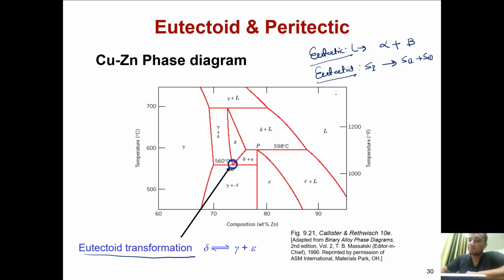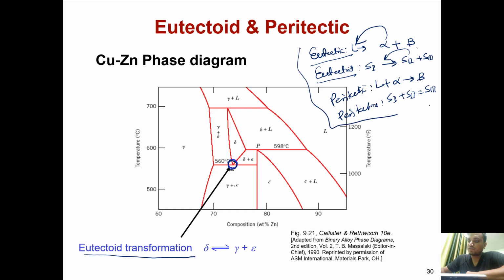And there is one more thing, like peritectic. In the case of peritectic, it is similar to eutectic, but the only thing is this one solid will come towards this. Similarly peritectoid, so one solid will come to the left hand side. So these are 4 major reactions. There are other reactions also.